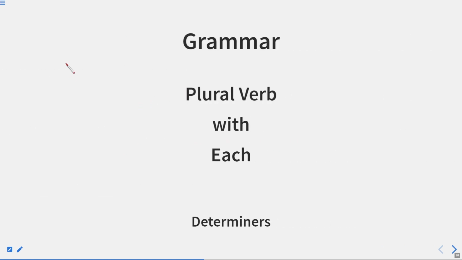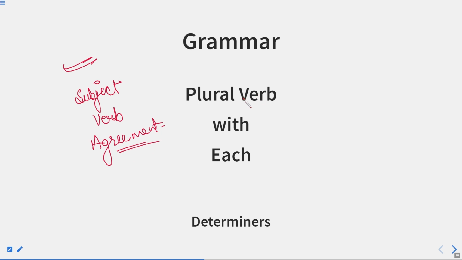Now, this is again very important. This is also part of subject verb agreement. Now, as I told you, if the word is each, it is followed by a singular noun and a singular form of verb. Now, there can be a plural verb after each as well.